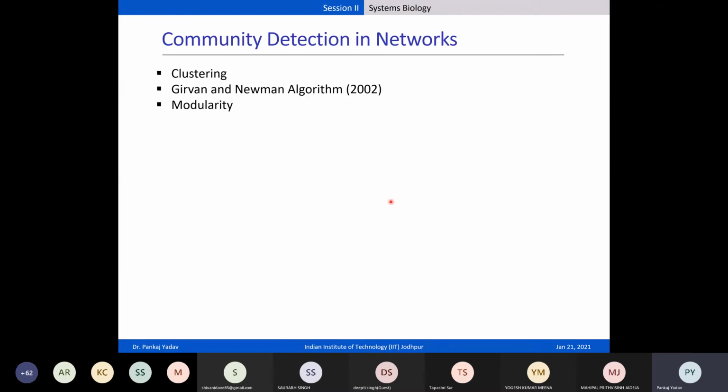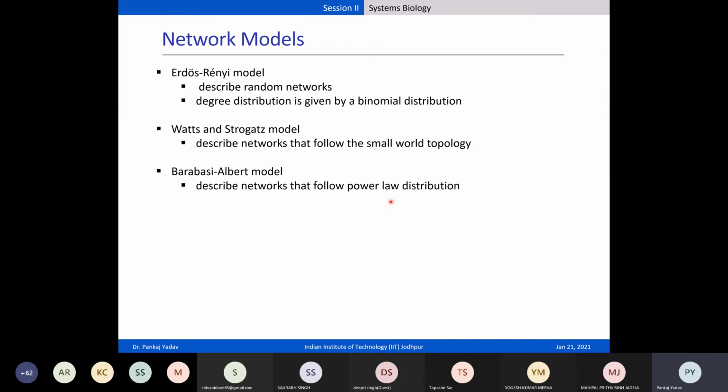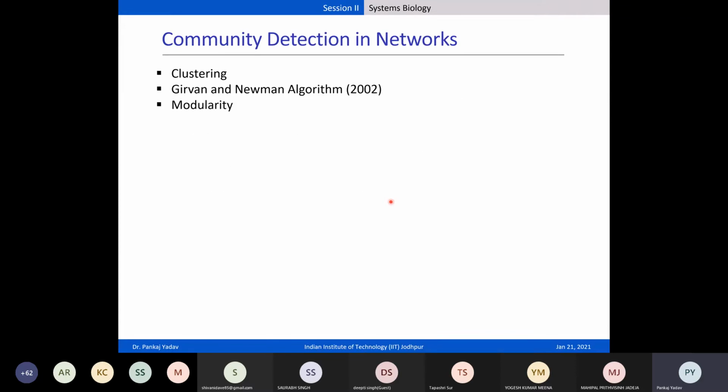And also in biology, what I want to say is that in biological networks this kind of phenomenon is very frequently observed. One of the problems that is usually discussed is identifying the communities in the networks.